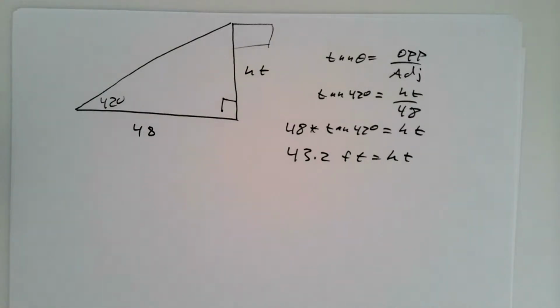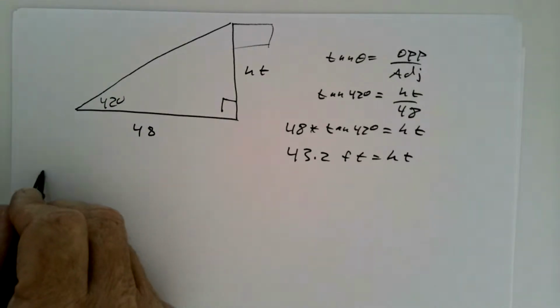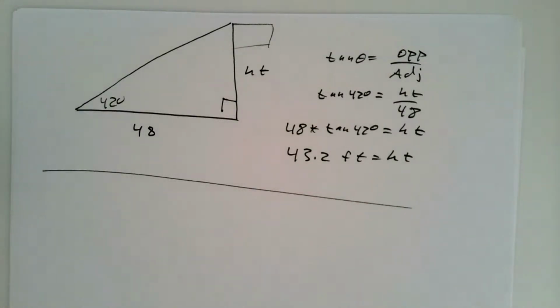Okay, next up, we are looking for the height of an airplane. We have two observers who are 2,500 feet apart. And we look for the angle of elevation for each. For one, it's 57 degrees. For the other, it's 43 degrees.